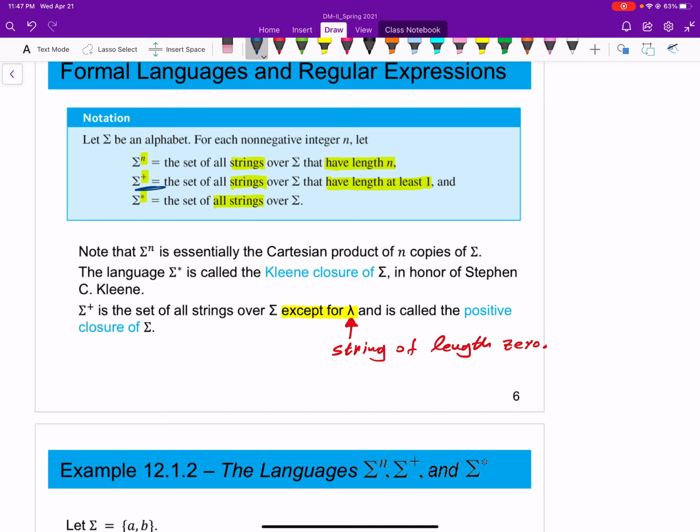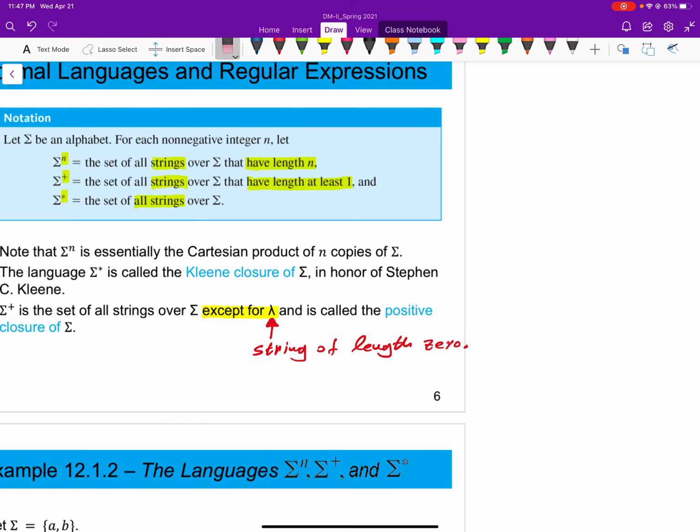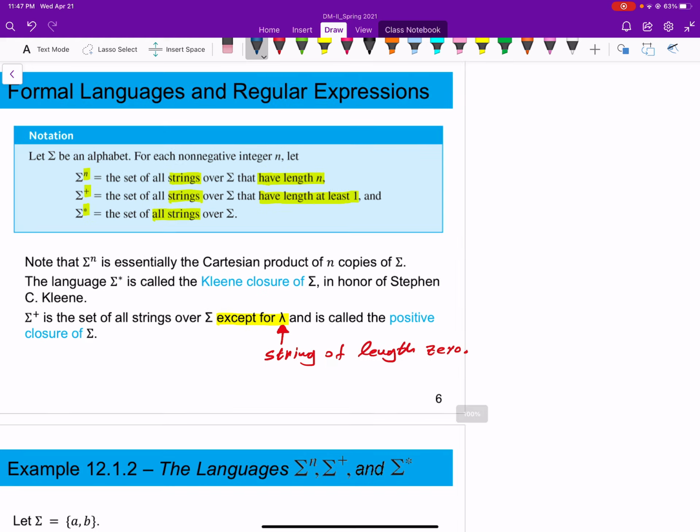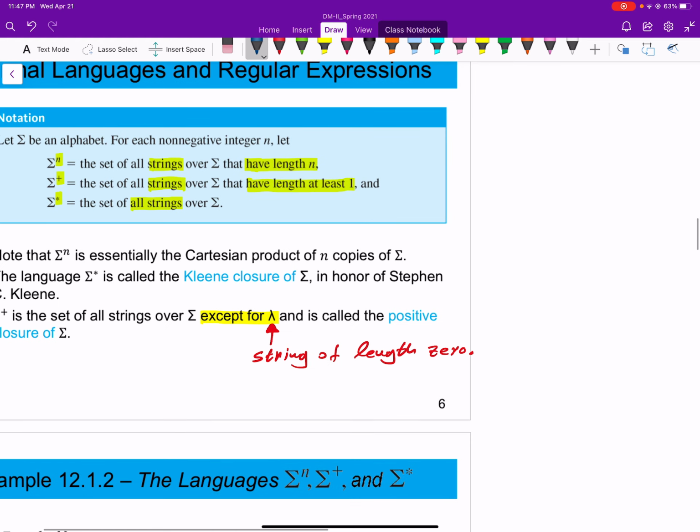It can be any length. Length can increase infinitely.